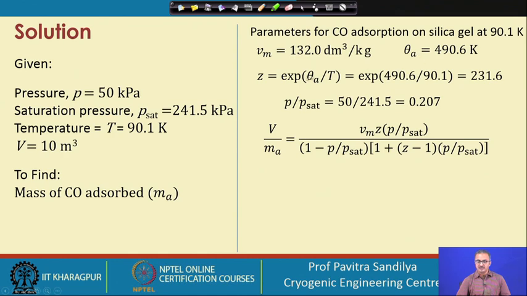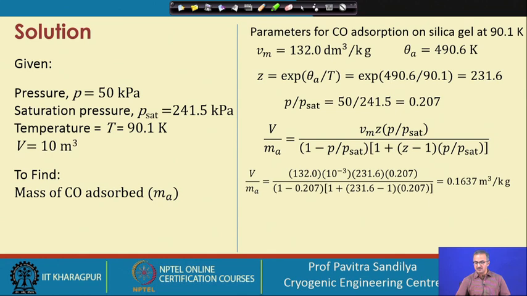From this Vm and theta A, we find the value of Z which is needed for the BET isotherm, and here we find the ratio of P by P sat as 0.207, and then we keep on plugging in the values of the various parameters in this equation, and in this case V is 10 cubic meter, and then we find this is the value we get, and here ultimately by knowing the V by MA value, the MA is this V divided by this particular value, and we get this 61.07.